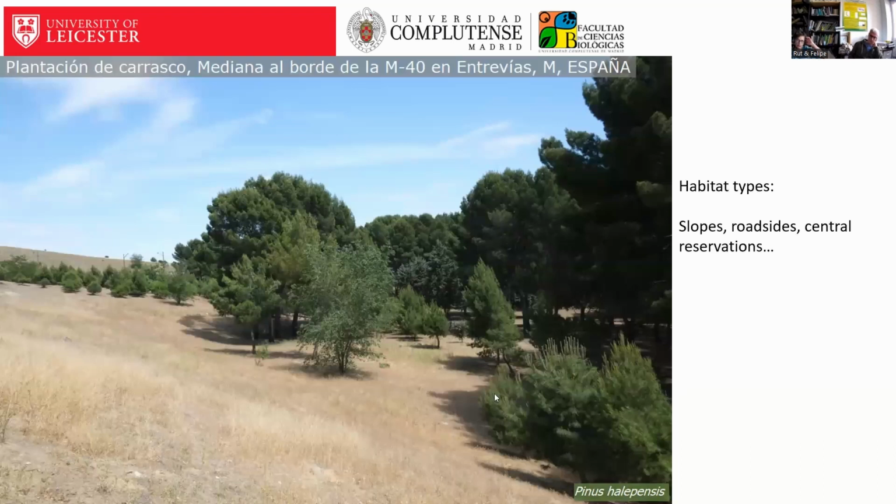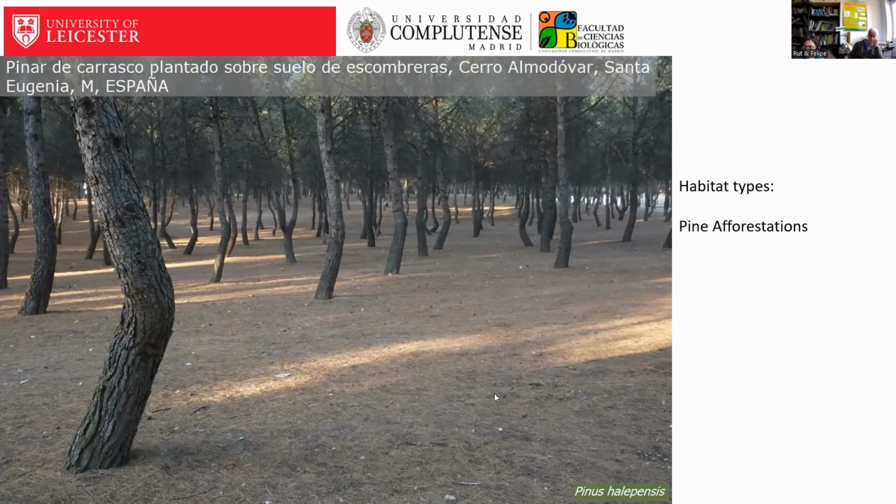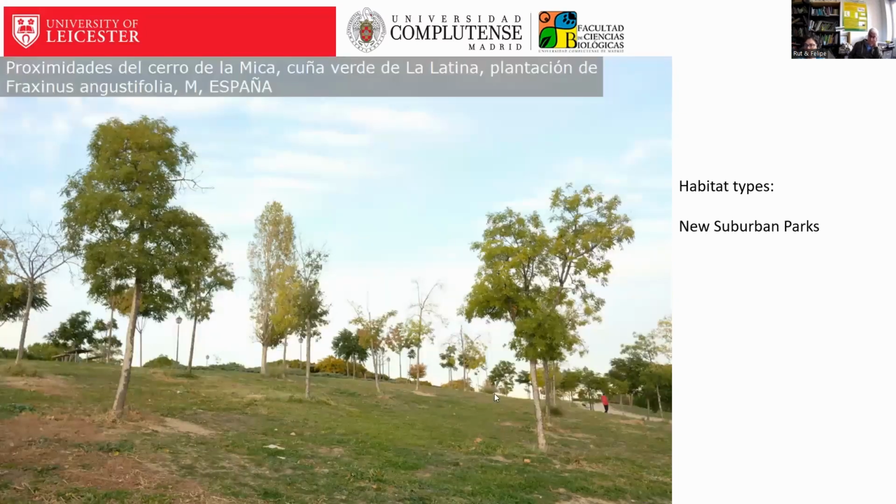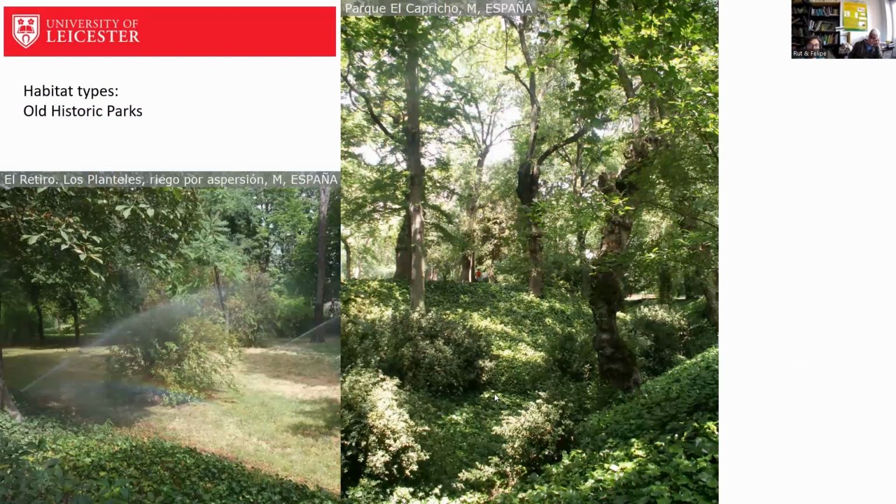We also wanted to know not just what species are growing in the city, but also where they grow. So we studied the habitat type. There were some habitats related to roads, some related to pine afforestation, where they planted pines, some in new suburban parks, and also plants growing in historic parks.